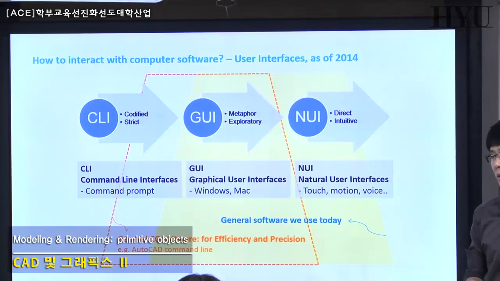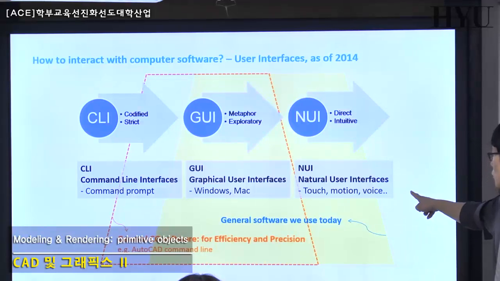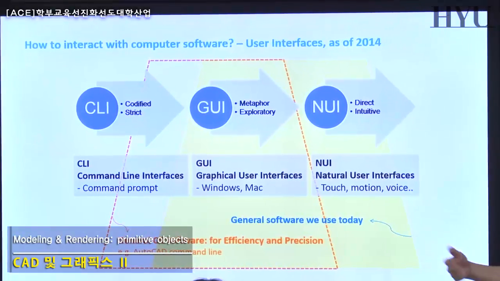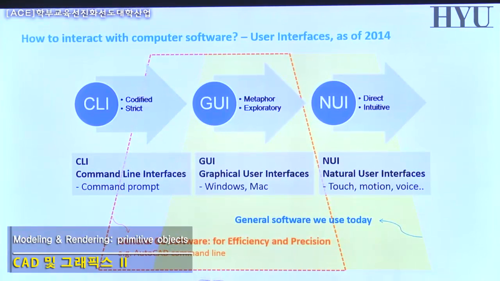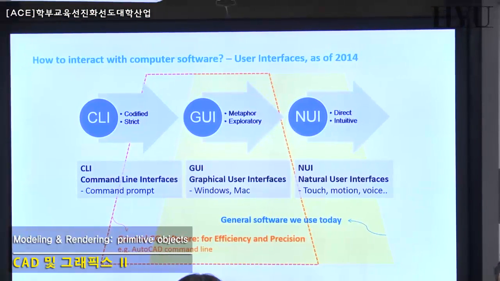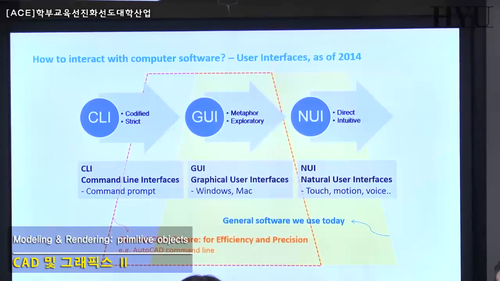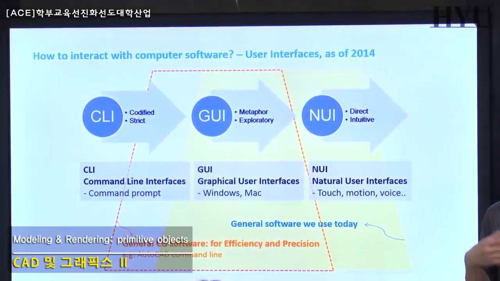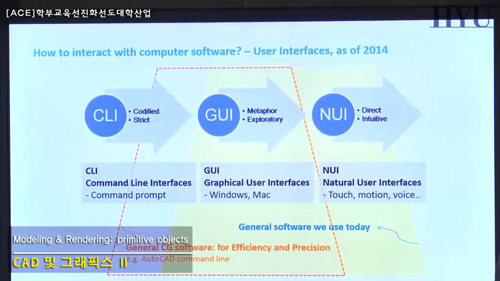Then you have to type it. By touching or motion, it's not easy to be precise. Okay? And in AutoCAD, you have to type rectangle, line, multiline, and so on, so that you can efficiently draw very precisely made geometry, okay?